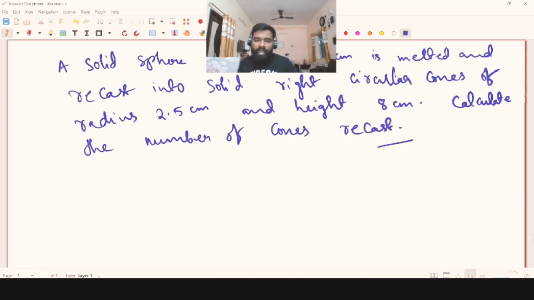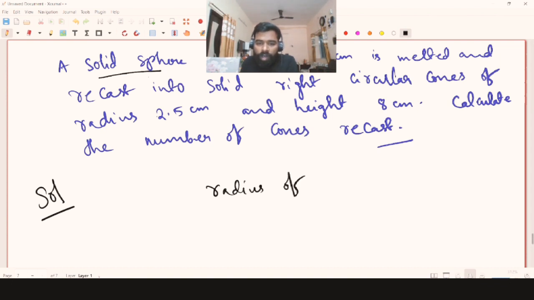This recasting kind of sum usually comes. Okay, so it's very simple. If you know the formulas, particularly the volume formulas, then you can do this sum. So what we have is one big solid sphere with radius 15 centimeter.